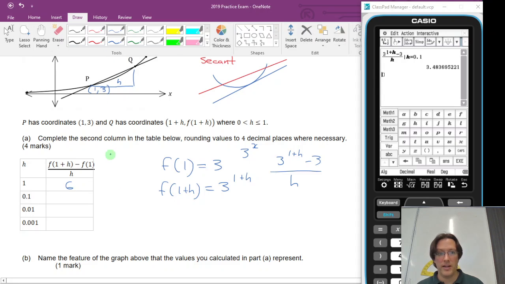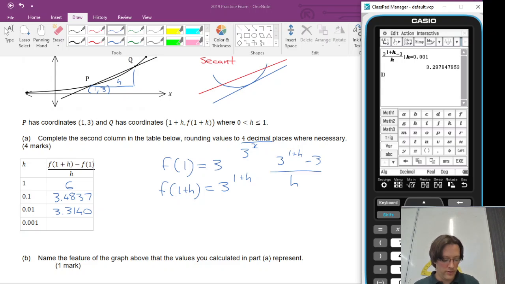Then we've got 3 point, and it says 4 decimal places. 3.4837. Remember to make sure we're doing the correct decimal rounding there. Add an extra 0 in there. 3.3140. Add another 0 in there.